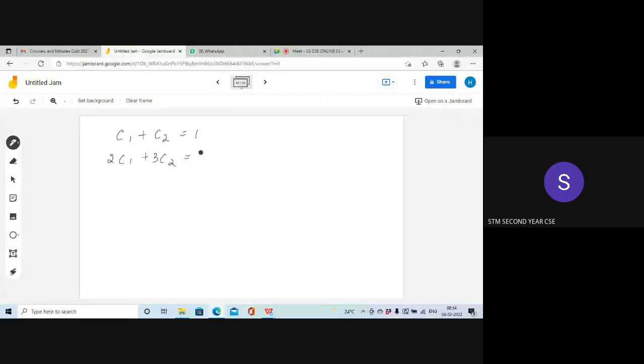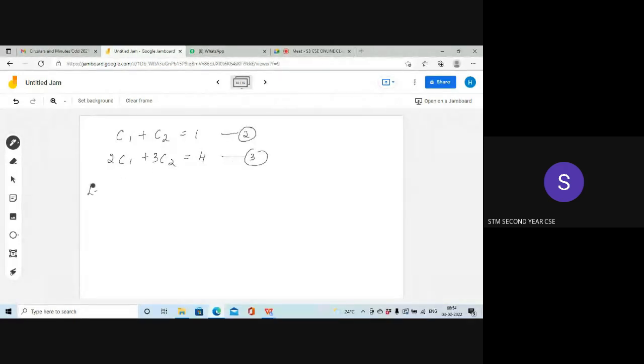So you had the first equation as C1 plus C2 is equal to 1, and the second one was 2C1 plus 3C2 is equal to 4. This was our second equation, and this was our third equation.